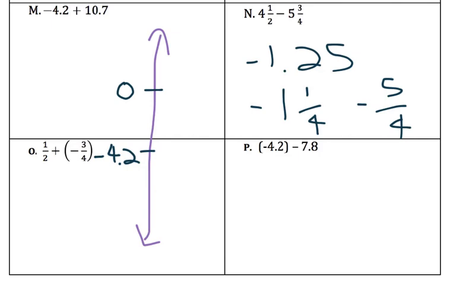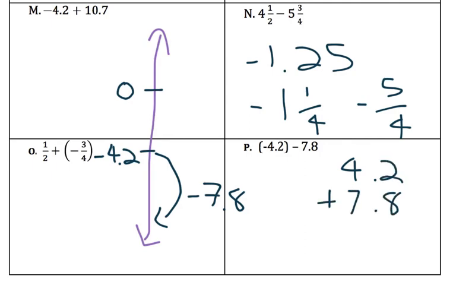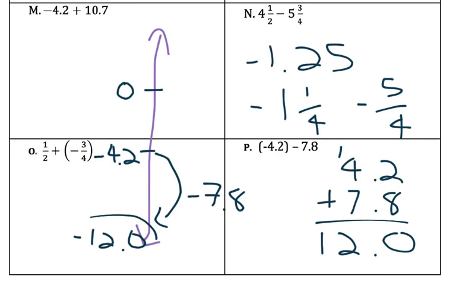So I know in this problem we're actually going down more. And in a way, that's like addition, because we're going farther away from 0. So if I add these two decimal numbers together, I'm going to get 12, or 12 0/100. And we're going farther away from 0, so we're negative. And the answer is negative 12.